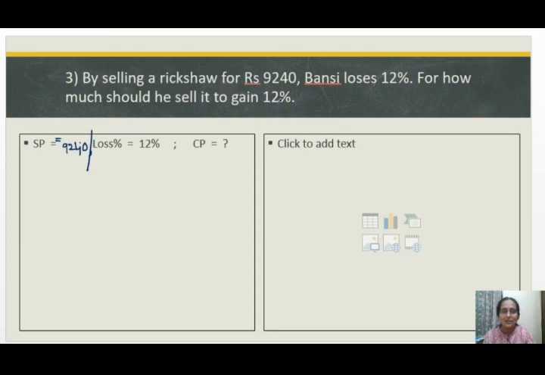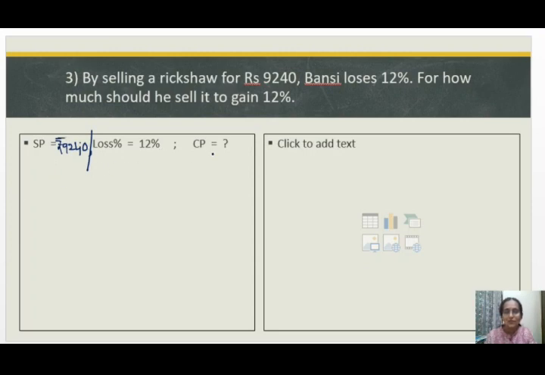For how much should he sell it to gain 12%? To know the selling price, we should add gain with the cost price, right? So we should find out the cost price first. We will find out the cost price from the data given in the first statement. Selling price is given, rupees 9,240. Loss percent is 12%.